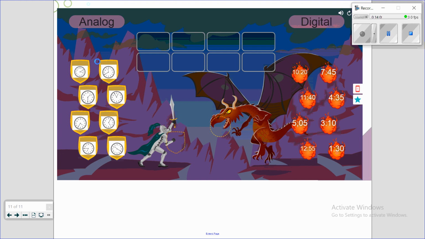Yes, here is a game. It's like comparing between the analog and the digital. I have the time in the analog and it is in the digital. For example, here we have the soldier and here is the, what do you call this? Yeah, the dragon.